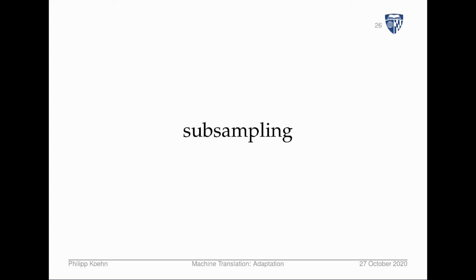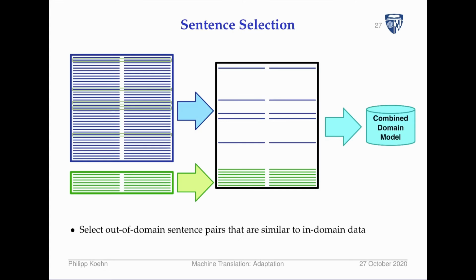Okay, let's now look at a different group of methods under the headline of subsampling. So here's the basic idea: you have a lot of out-of-domain data and you have in-domain data, but a lot of the out-of-domain data is really not that relevant for our task.